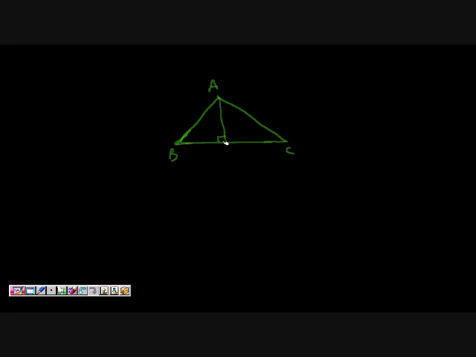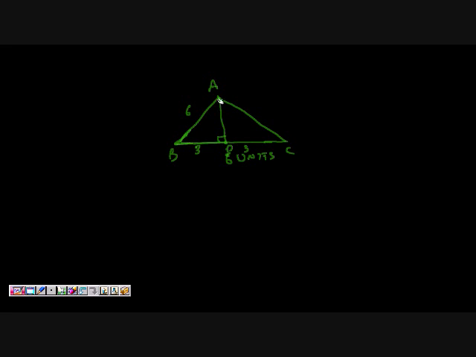Perpendicular means this is 90 degrees, and let's say BC is 6 units, and the perpendicular line cuts it in half. So this is 3 and this is 3, and you're given that this is 6 units as well. You're supposed to find AD, the height of the triangle.